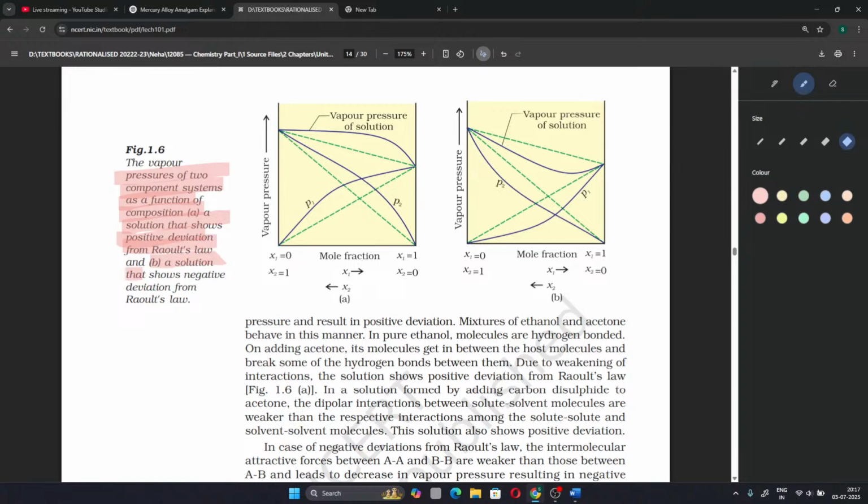B, a solution that shows negative deviation from Raoult's law. These straight lines are the expected, but they show a curve like this here, a bulging here as well. This is positive deviation, and a lower bulging in this case is the negative deviation.